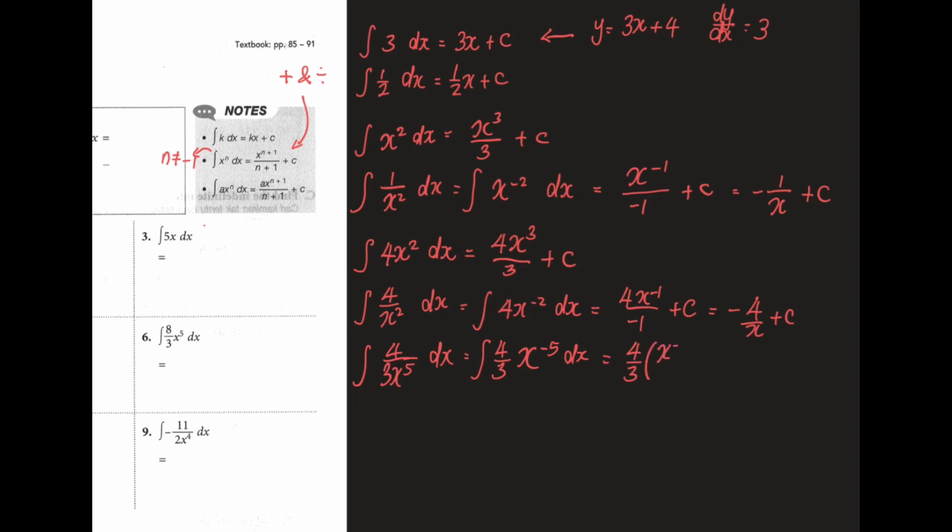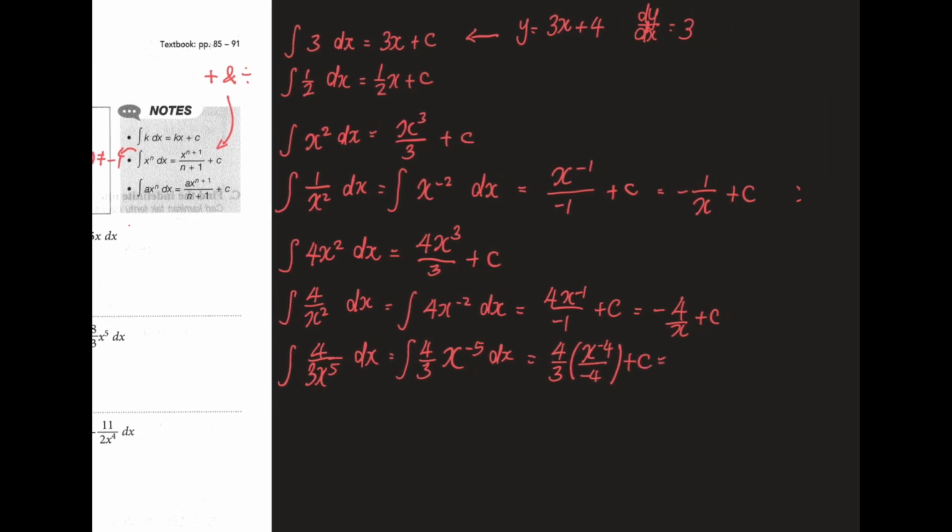And then you integrate 4 over 3 times x to the power of minus 4 over minus 4, plus c. Then you cut the 4 here and here, then you will get negative 3 at the bottom. So negative 1 over 3x to the power of 4, plus c.